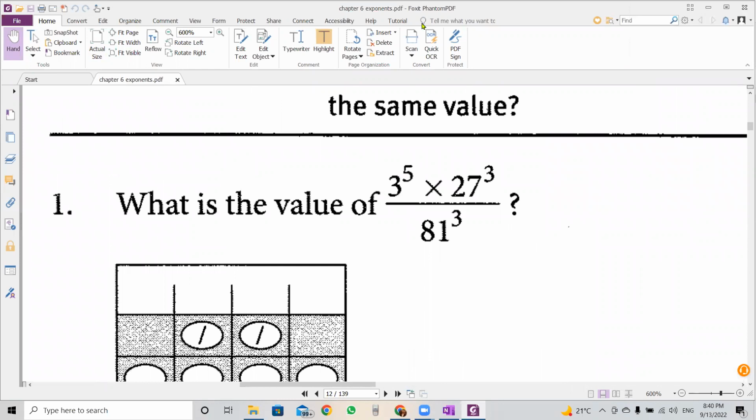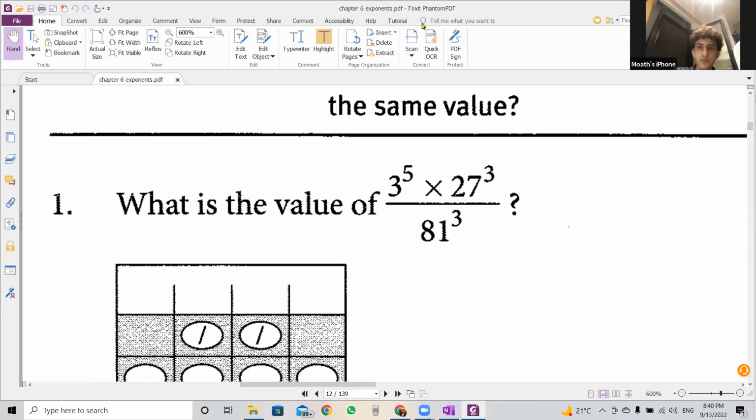Mister, which page is this? This page, 12. So 3 times 3, 9. 9 times. Oh, okay.